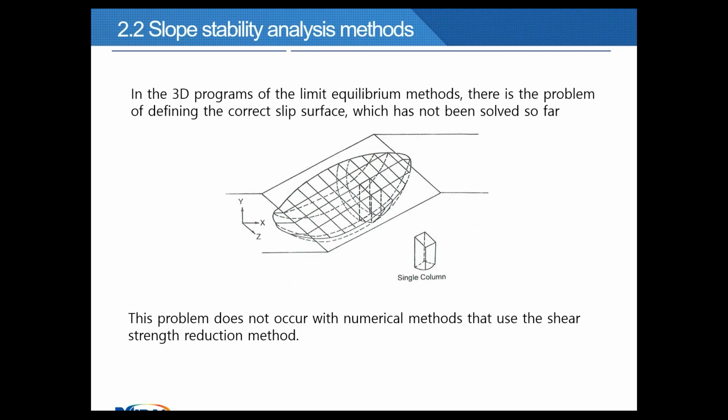There are some programs for 3D analysis using the limit equilibrium method, but I don't use them because there is always a problem with this correct slip surface. And this problem doesn't occur with numerical methods that use the shear strength reduction.